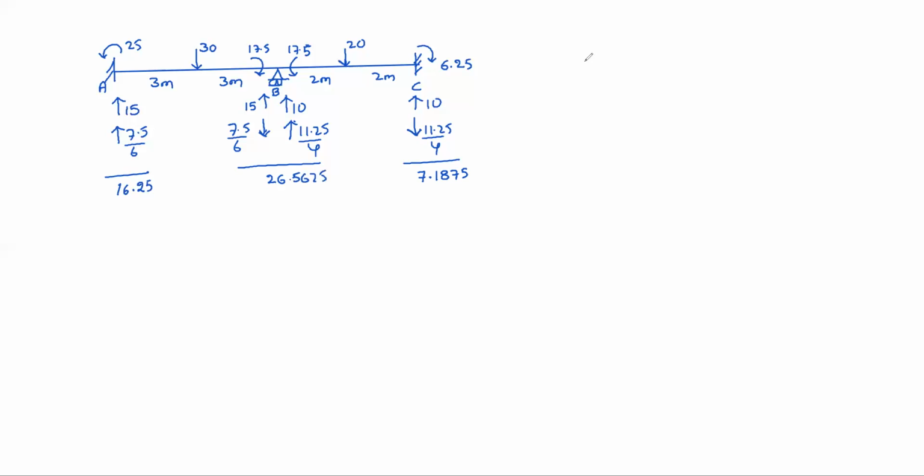That means reactions are like this: 16.25, 26.5625, 7.1875, 25, 6.25, with loads 30 and 20.